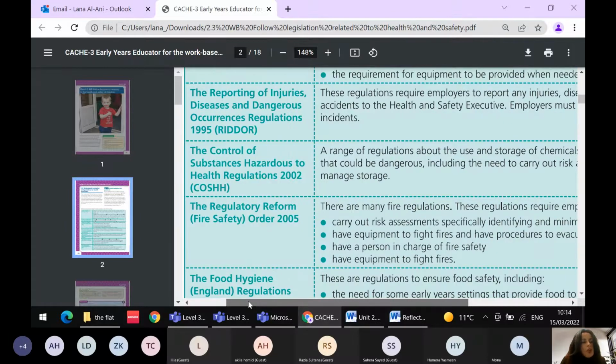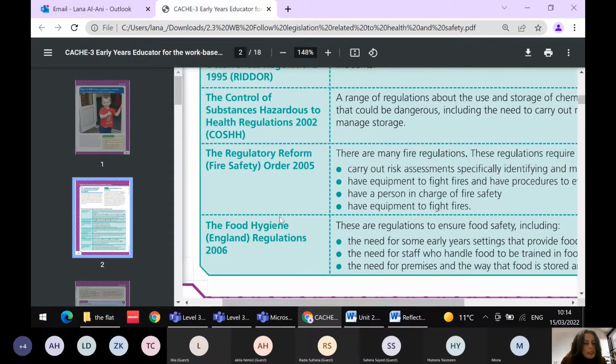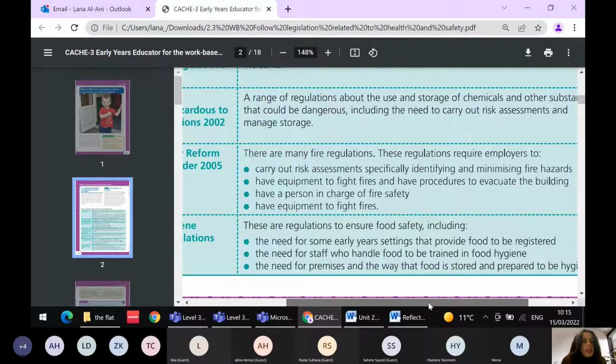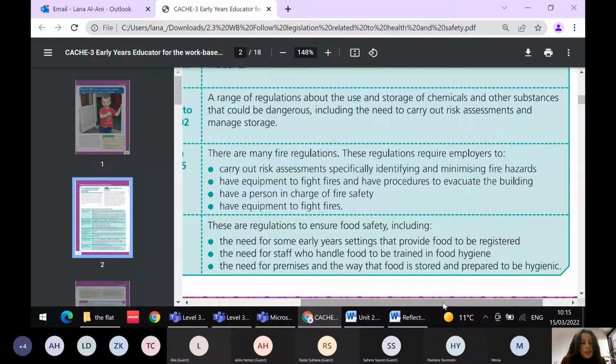Also, the Control of Substances Hazardous to Health Regulations 2002. What's this all about? A range of regulations about the use and storage of chemicals and substances that could be dangerous.